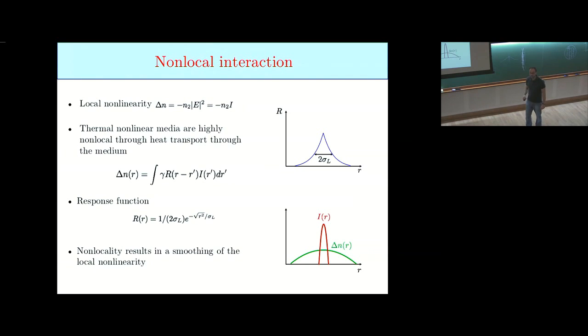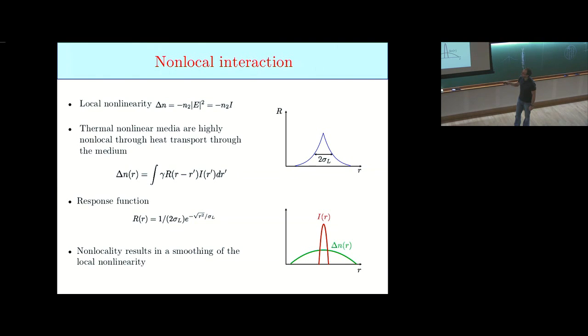You've got a differential equation, the Nonlinear Schrodinger equation, that contains this integral term. Now, the typical response function for heat diffusion has this form here. It's a known function, although we did go and measure it, and you should too and check, but it has this sort of exponential dependence.